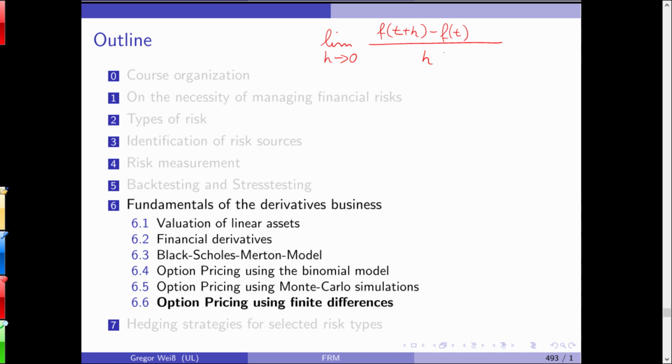Okay. So in other words, it's the limit of the differential of the function at this point.